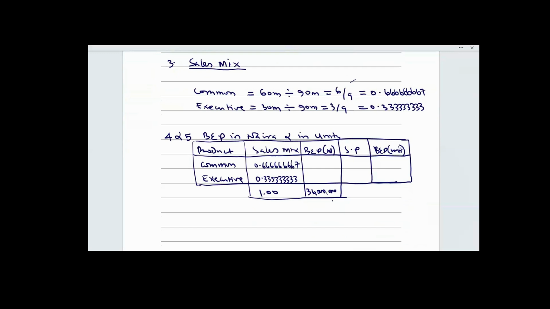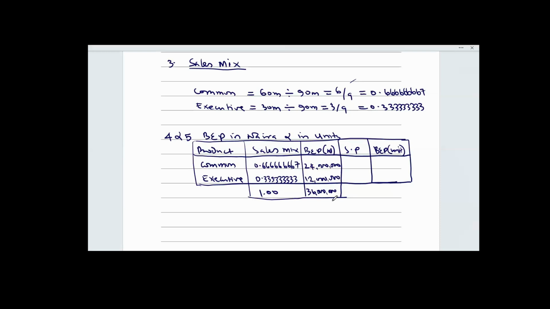Therefore, 0.66667 multiplied by 36 million is 24 million. Then here will be 12 million. So by the time you add it up, that's 36 million.